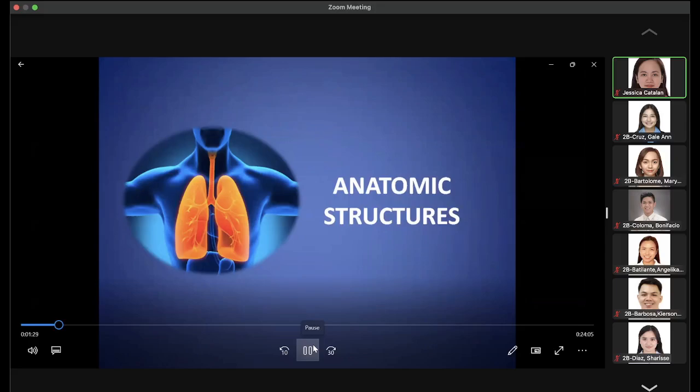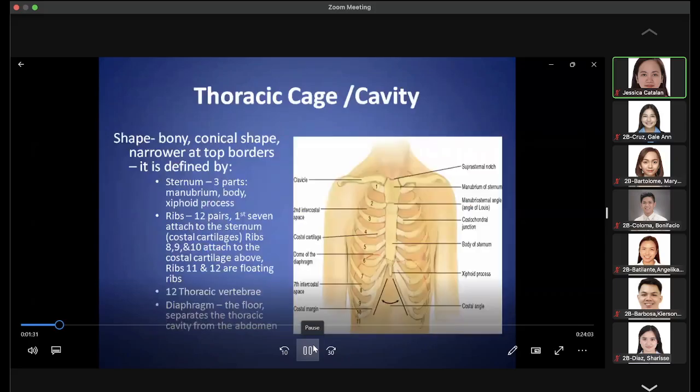Actually, this is just a review of your anatomy. The thoracic cage cavity is a bony conical shape, which is narrower at the top borders, and it is defined by the sternum, which is divided into three parts: the manubrium, the body, and the xiphoid process. Ribs, you have 12 pairs.